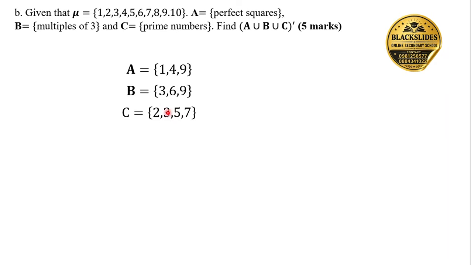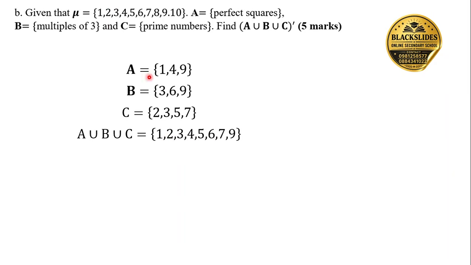Then we go ahead to find this A union B union C. This refers to all these elements put together to make a set. So A union B union C is all these combined or put in the curly brackets, which is the set.